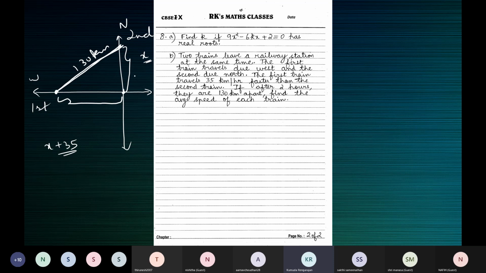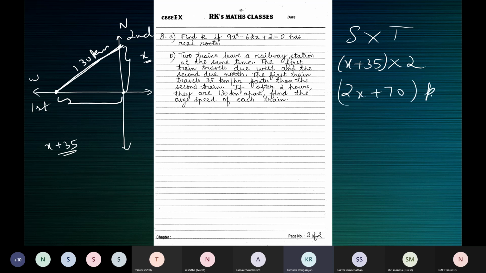And how do we find distance? Speed into time. Speed of the first train into time, this is the distance, 2x plus 70 kilometers.